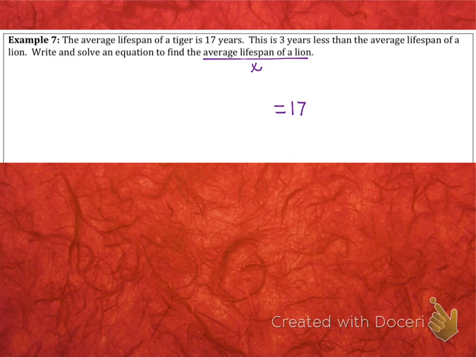That means we're taking the lifespan of the lion and subtracting 3 years. In order to solve, we're going to add 3 to both sides. So the average lifespan of the lion is 20 years.